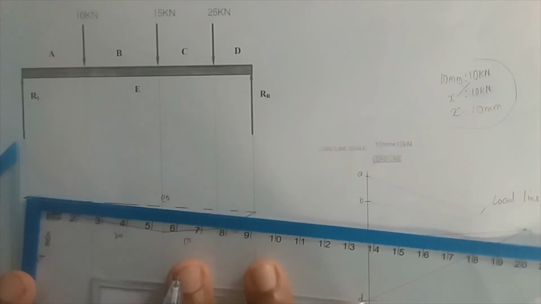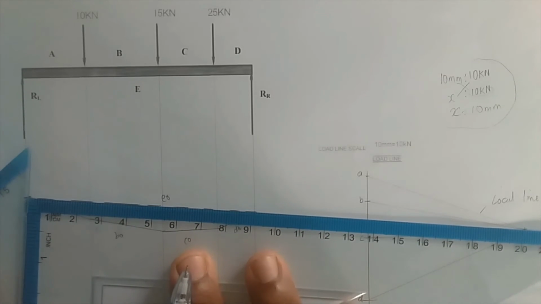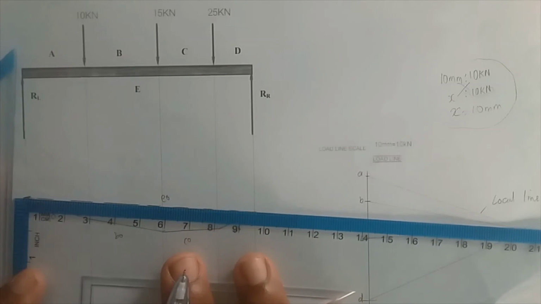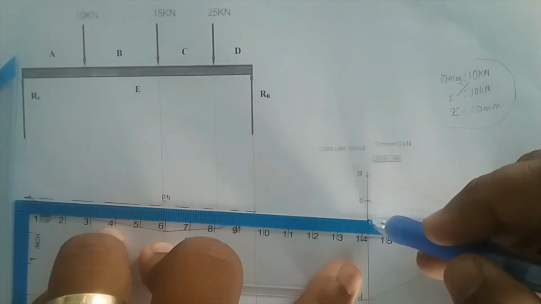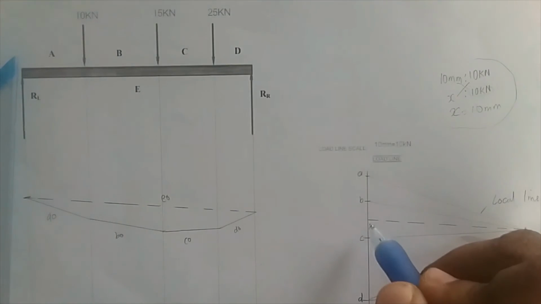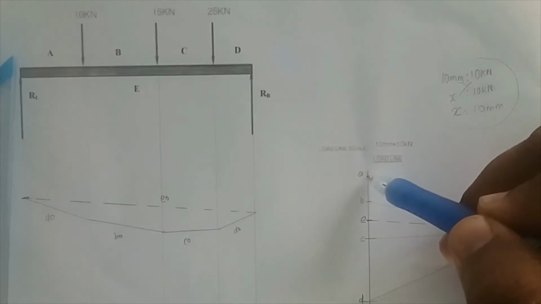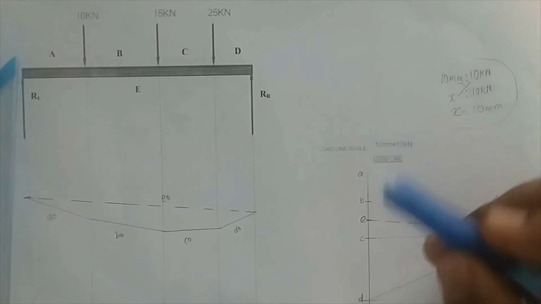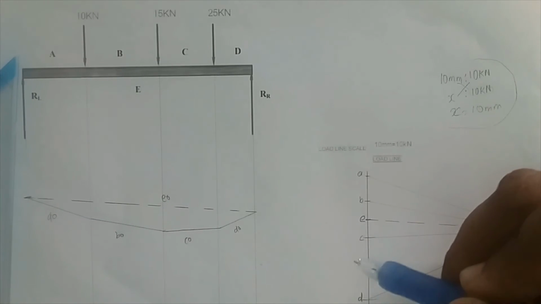Take this line parallel from the link polygon to the load line diagram and label this point E. So the distance from A to E will give you the value of force for RL, and the distance from E to D will give you the value of force for RR.